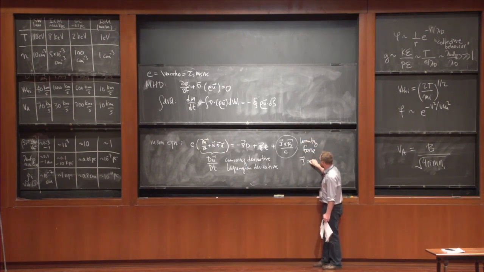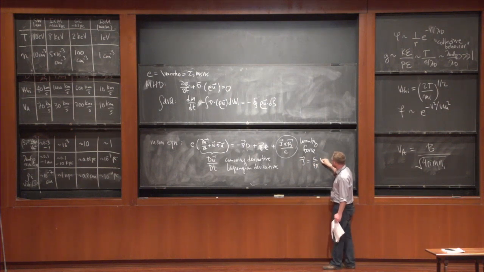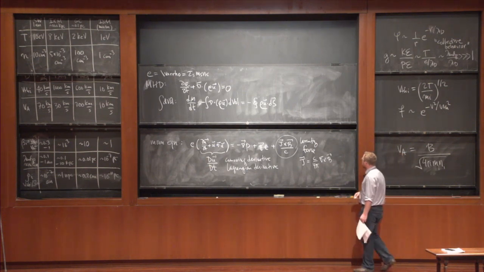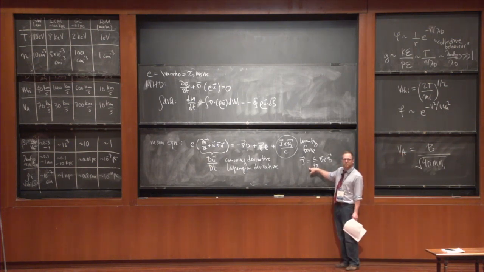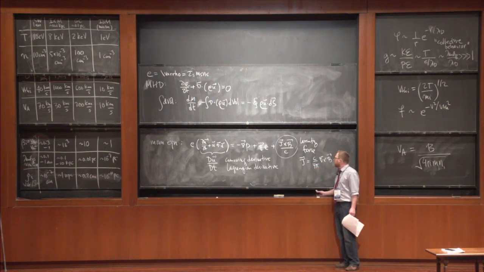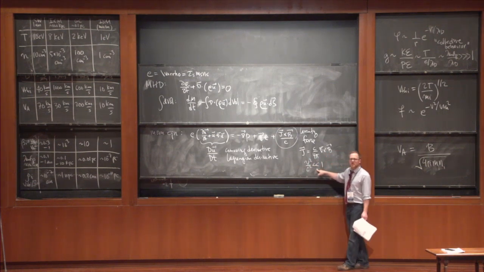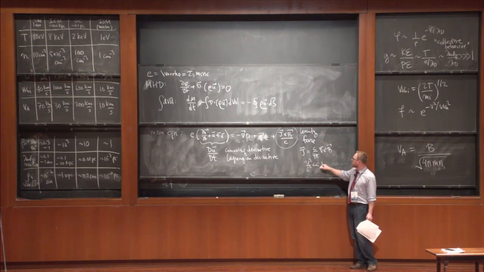So J here, with apologies to Maxwell, was determined by Ampere. By writing this down, many of you know that implicitly I'm assuming non-relativistic motion.